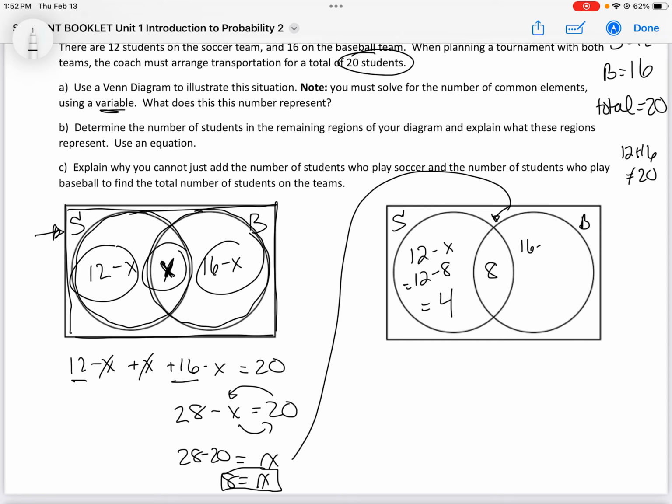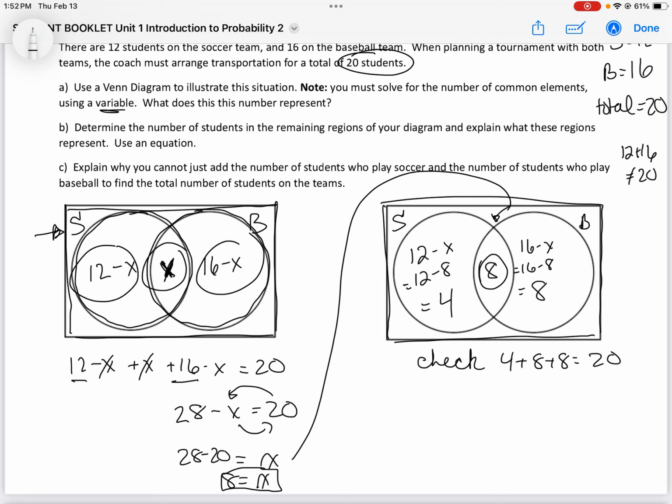And then this one was originally 16 minus x. So if we get rid of the 8 from the middle that we already counted, we should get 8. And if you think about checking, 4 plus 8 plus 8 equals 20. So the universal set for the entire box is 20.